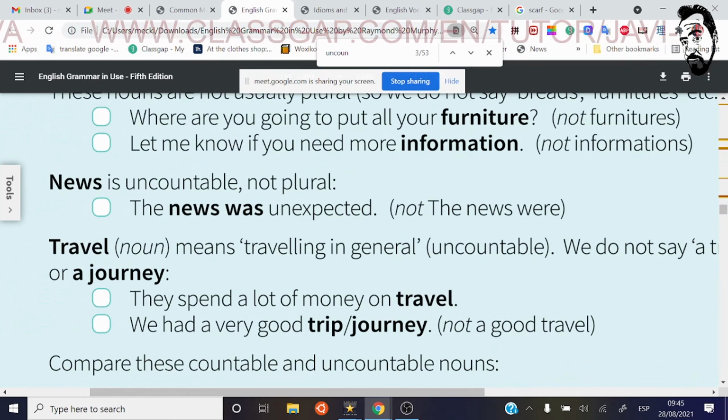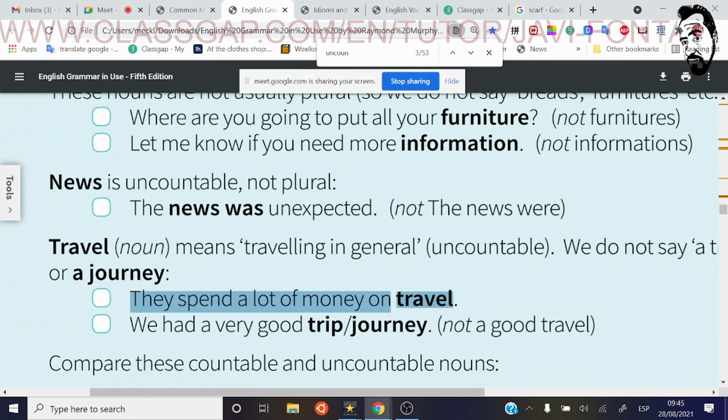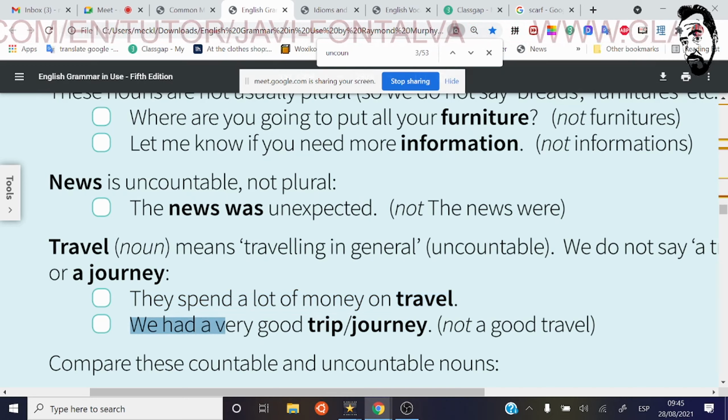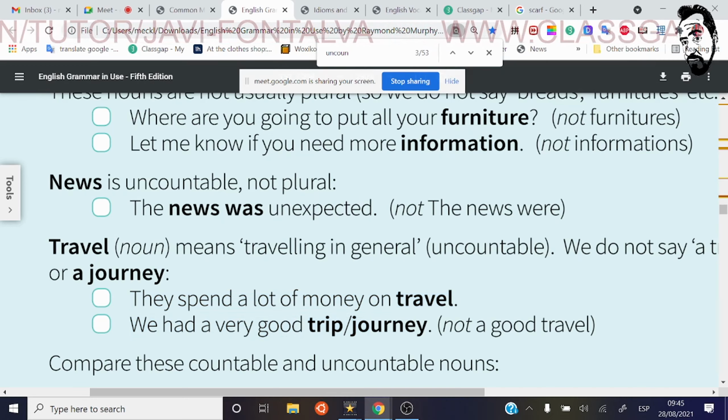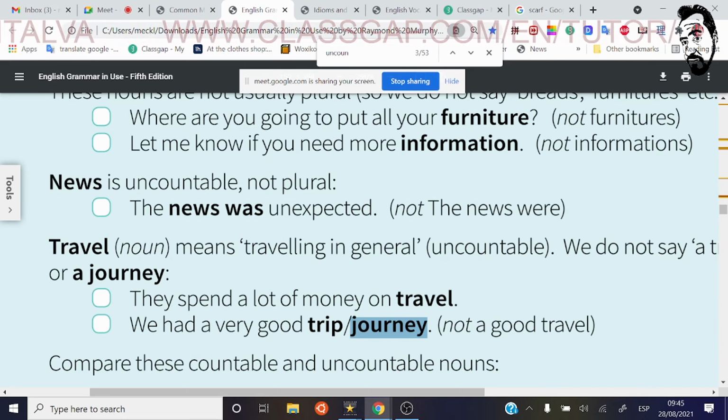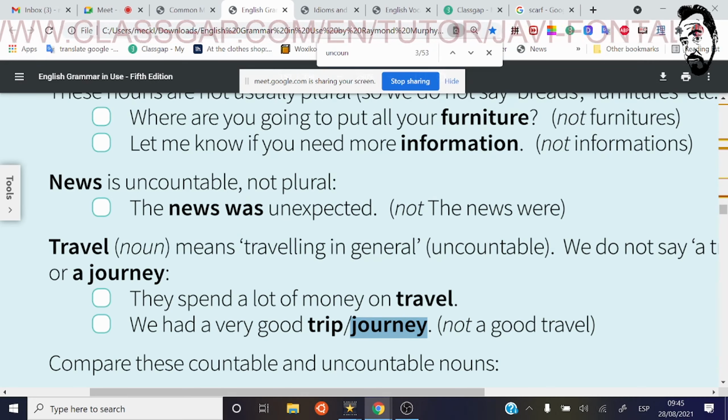For example, they spend a lot of money on travel. So here we're talking in general. But we say we had a very good trip or we had a very good journey. Trip and journey are also different. Journey is more about the trajectory, and trip is more about the experience.